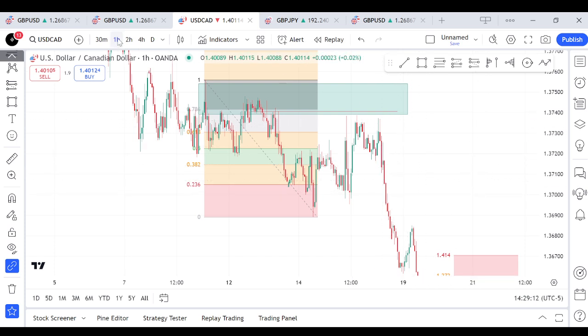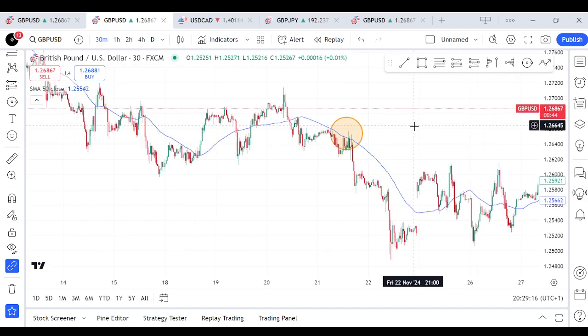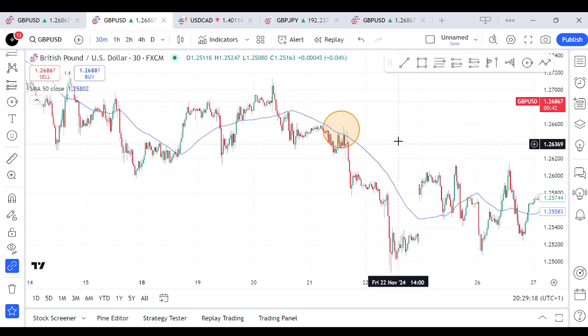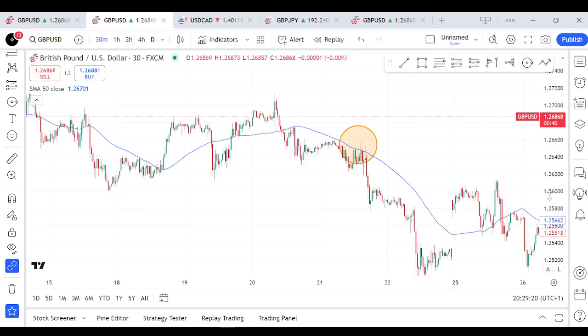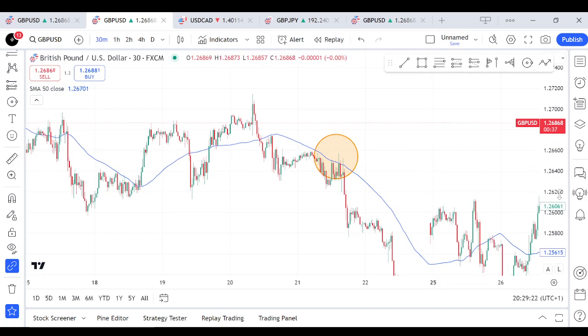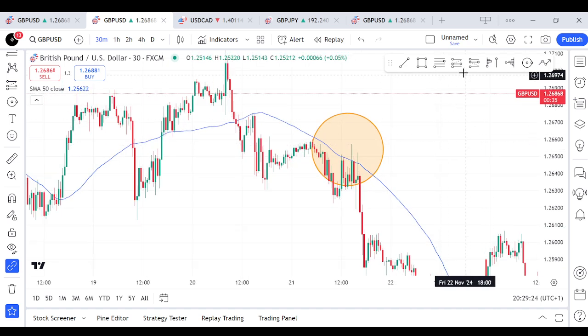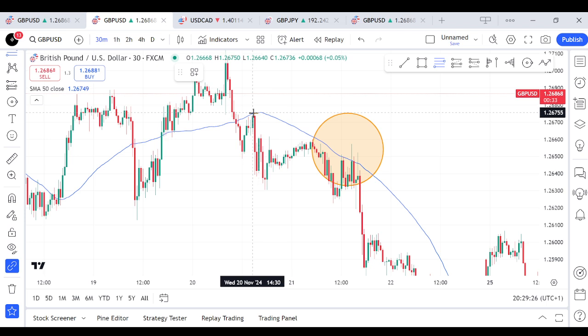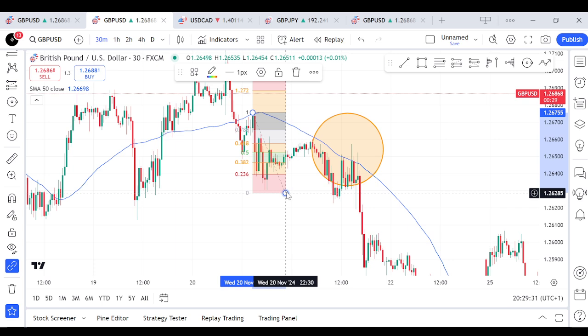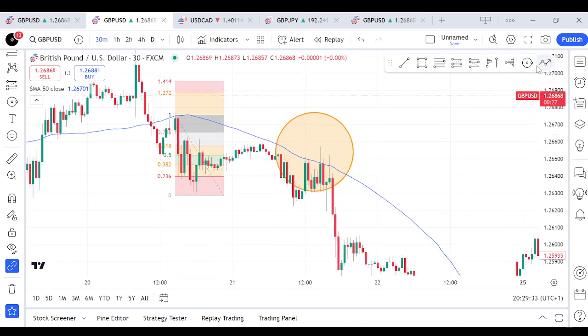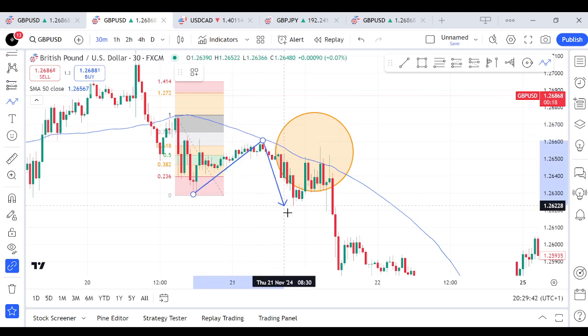And let's use the moving averages to explain better. You can see these are the moving averages, and if you put your Fibonacci tool from this high to this low, you can see price retracing to the 61.8% level around here, and it's also close to the moving average and giving us a push to the downside.